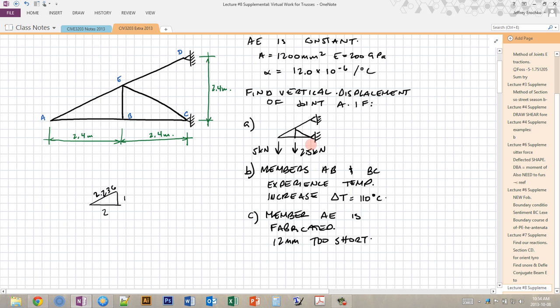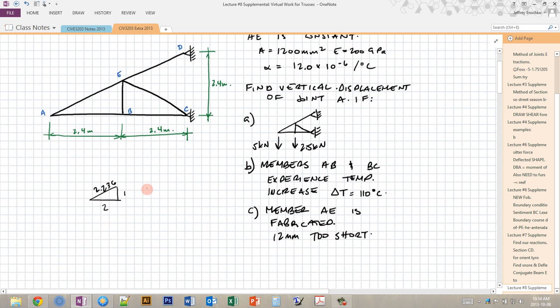So for example, in this case, we always want to find the deformation at A, so we're going to construct a virtual system that has a unit point load applied at A in the direction of the deformation that we want to find. So in that virtual system, we need to know the external forces that are applied, which we define as being our unit load in the correct location, and we also need to know the virtual internal forces, which we can find based on that external force.